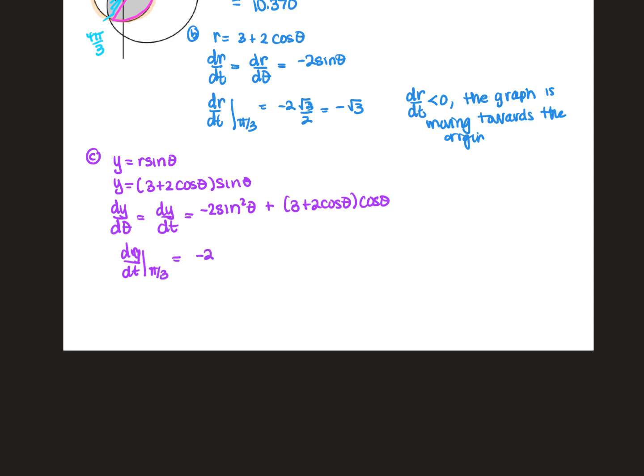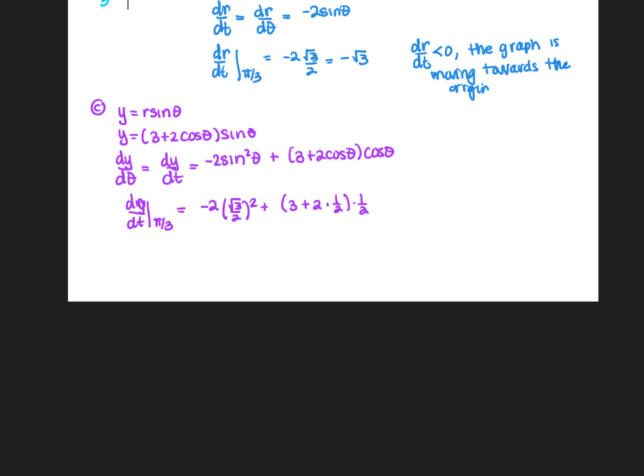So minus 2 sine of pi over 3 is root 3 over 2, so root 3 over 2 squared. The cosine of pi over 3 is 1/2. So this leaves us with negative 2 times 3 over 4 plus, this works out to be 4 inside there, so plus 2, which would now be negative 3/2 plus 2.